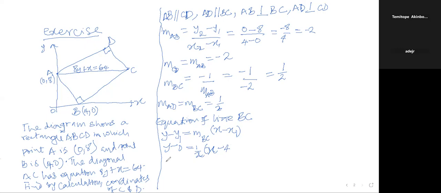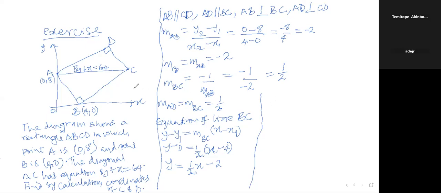So that will give us y equals, if you open this bracket, 1 over 2 x minus 2. That's the equation of line BC. All right? Are you with me? Yes, sir, I am.